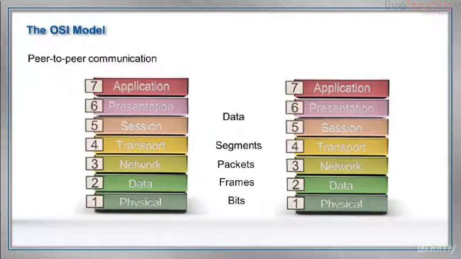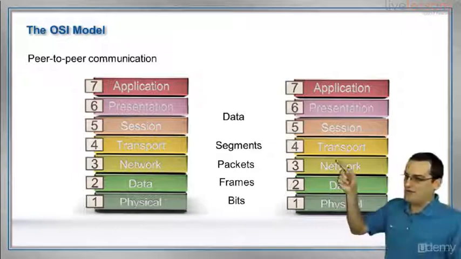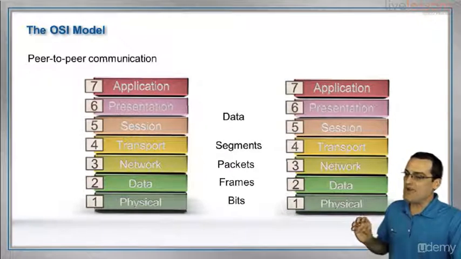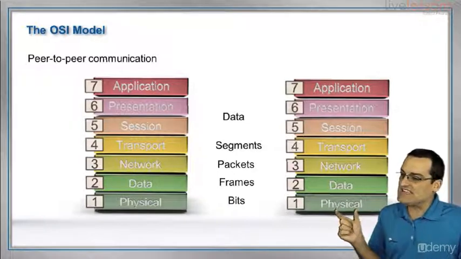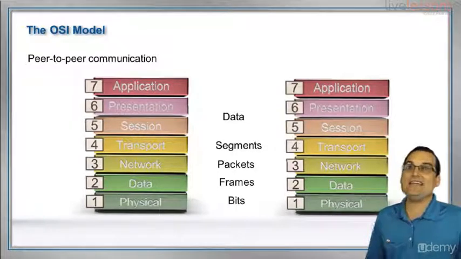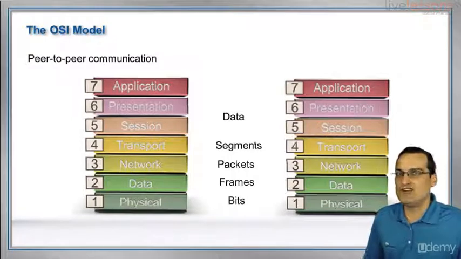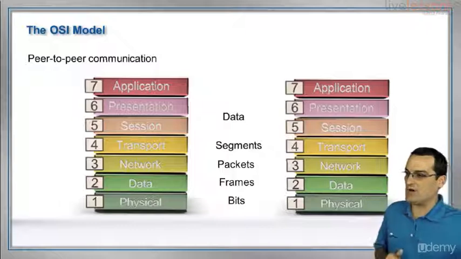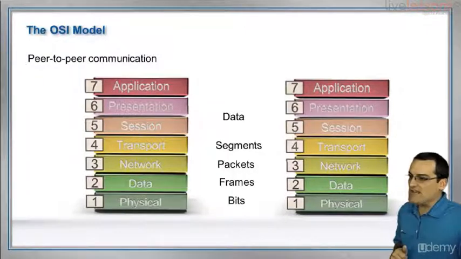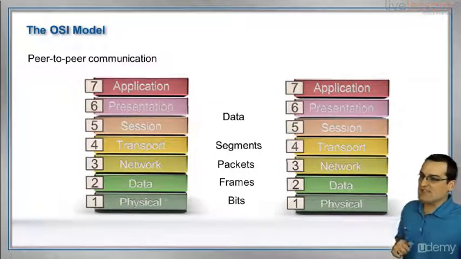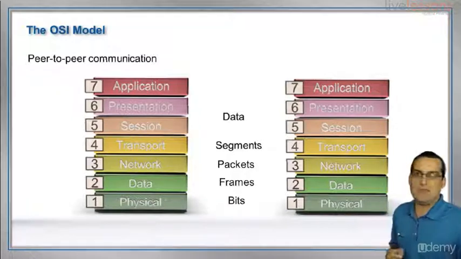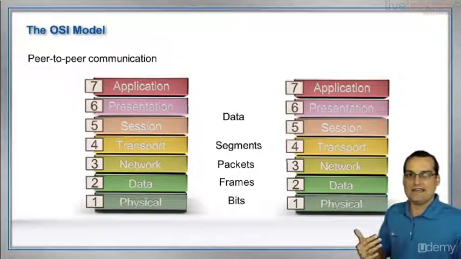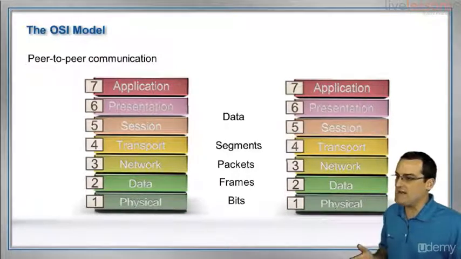Now, I told you that I tend to make my living down here at these lower 4 layers, and we like to go ahead and term the data and the encapsulated information. We like to go ahead and give it a special name down at these lower 4 layers. For instance, at the physical layer, we refer to them as simply bits, while at the data link layer, we call the data and the encapsulated information frames.